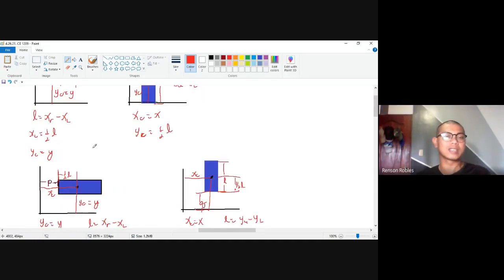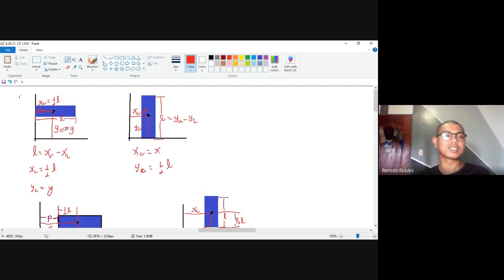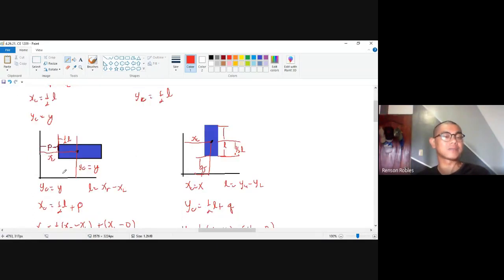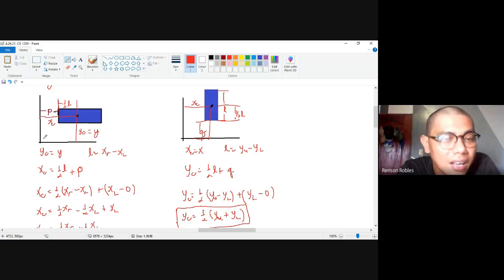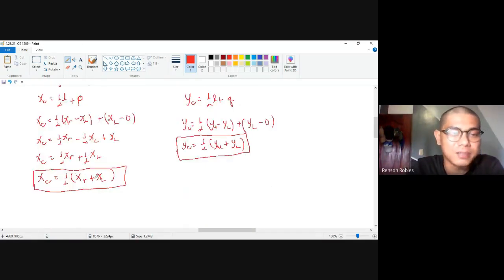Okay? Review natin. If you are using element horizontal and the element is touching the Y-axis, YC is Y and XC is 1/2 of that L. 1/2 of the function. 1/2 of X right minus X left. If it is not touching the Y-axis, YC is Y and XC is 1/2 X right plus X left.